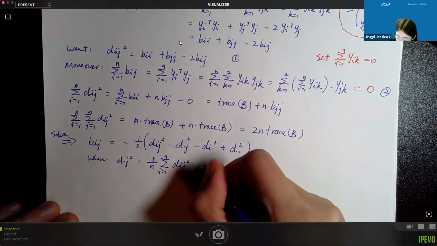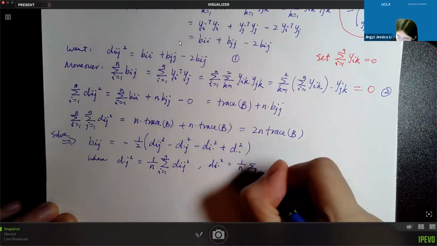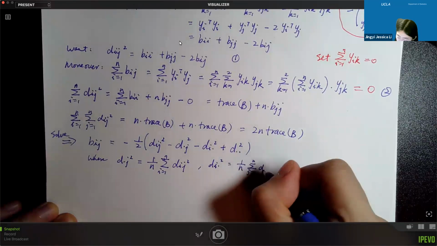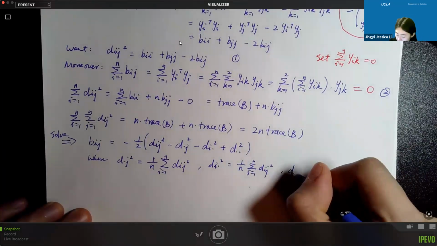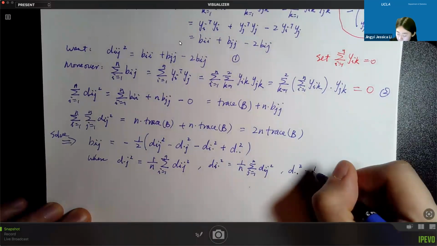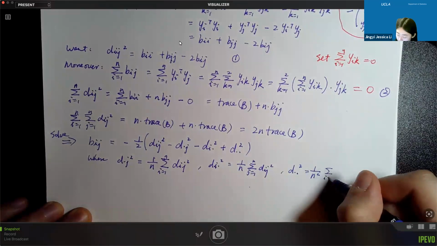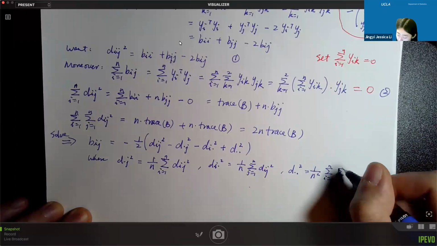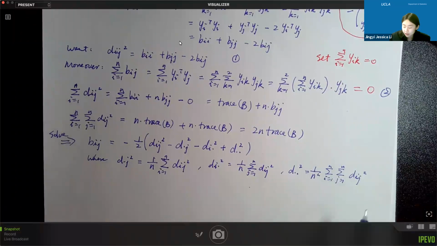And di dot squared is 1 over n, summation j from 1 to n, dij squared. So here I keep i unchanged, but change j, and take the average over j. And finally, d dot dot squared is the average of all dij squared, i from 1 to n, j from 1 to n. So that's the overall average.